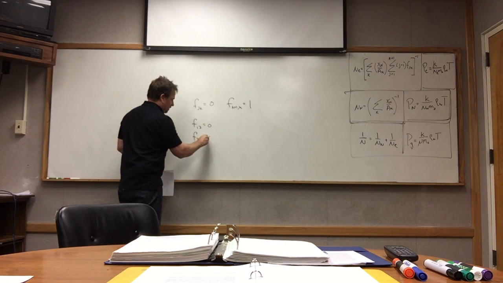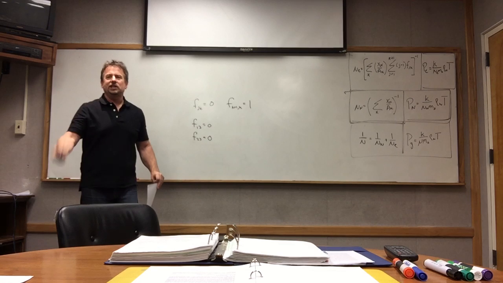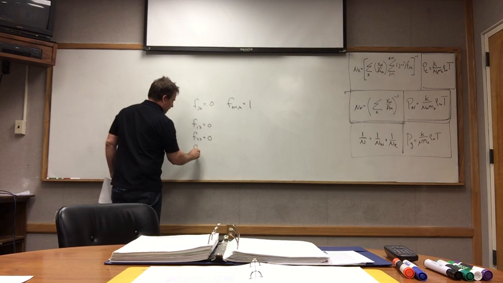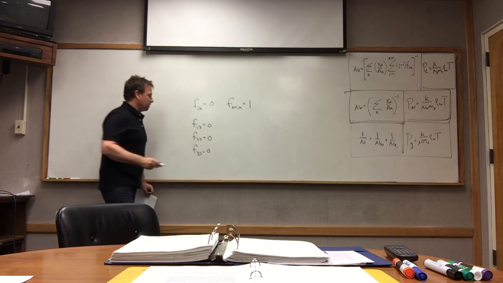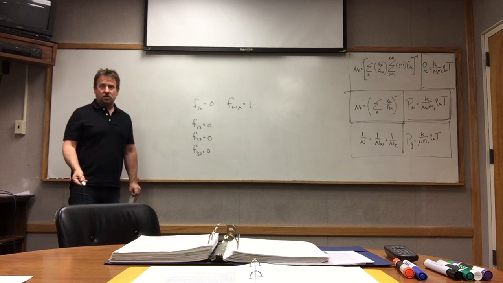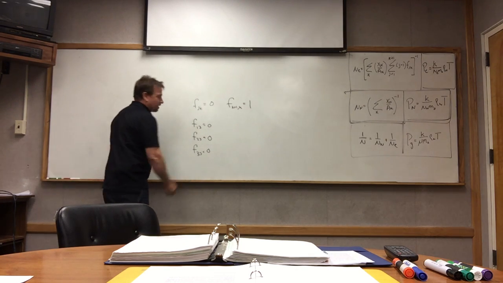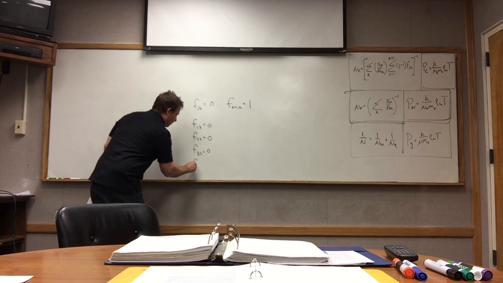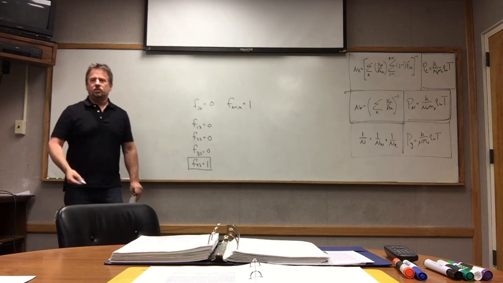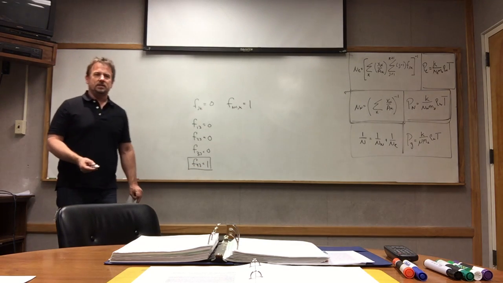F23 equals 0. There is no singly ionized lithium. F33 is 0. There is no doubly ionized lithium, but F43 would be 1. All of the lithium has all of its electrons removed.